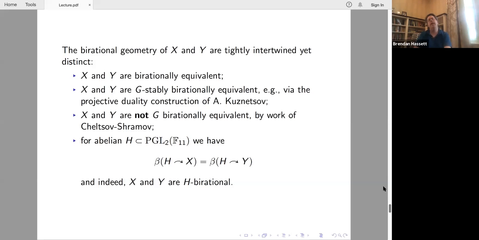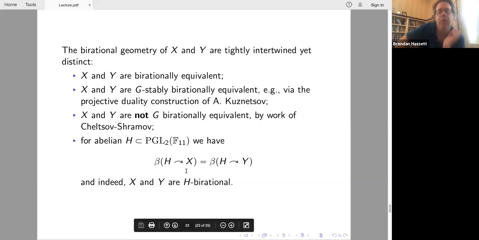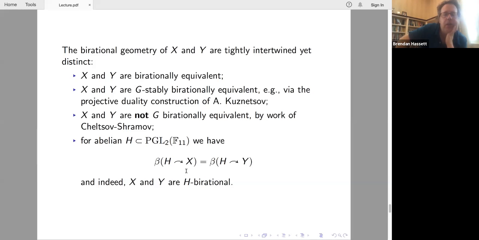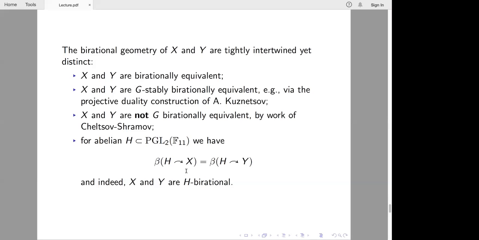Oh, so you're saying that this vanishing here would force any other invariants to vanish? Well, you have some birational model where there are no non-abelian stabilizers.